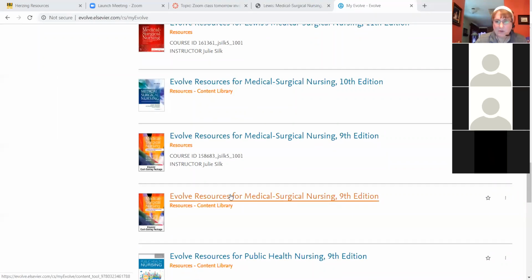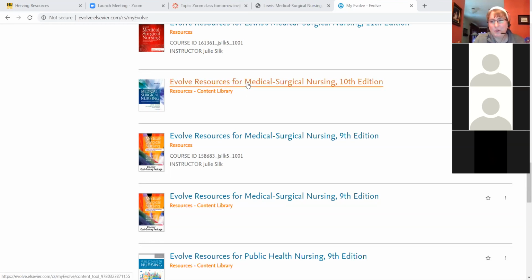So I can't invite you guys to give you access. Sometimes when you have an actual physical book, it'll give you a code in the front of it to be able to get into some of these extra resources that they have.